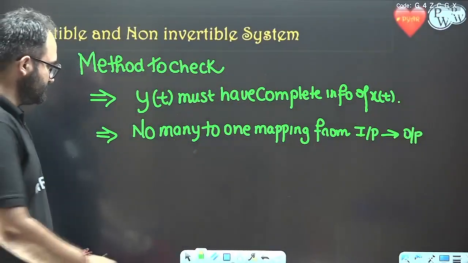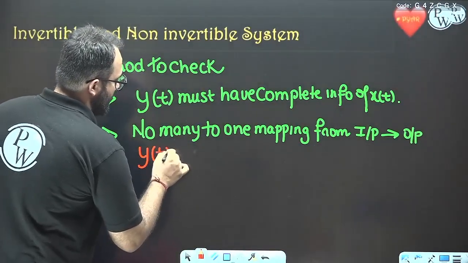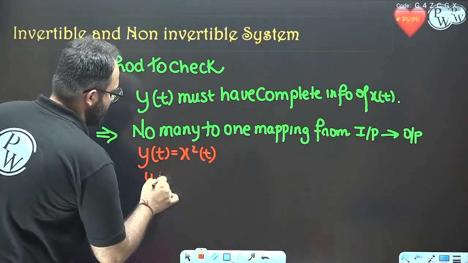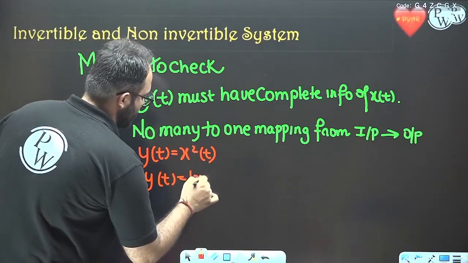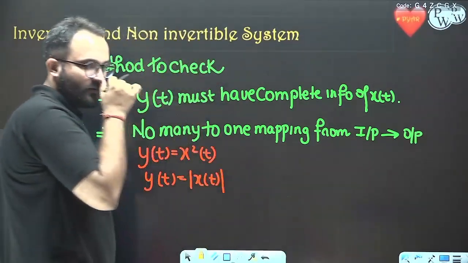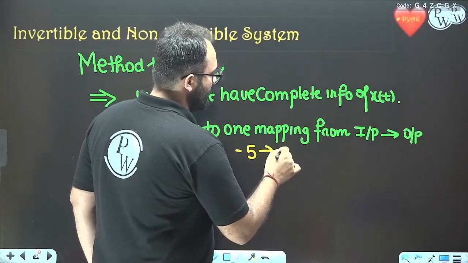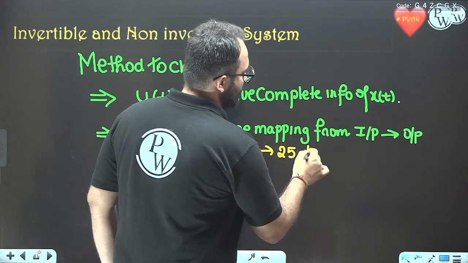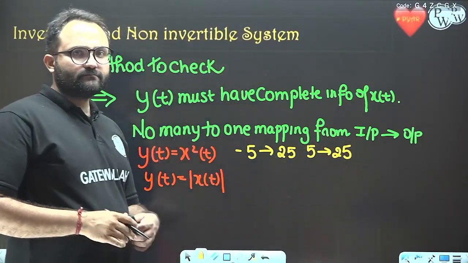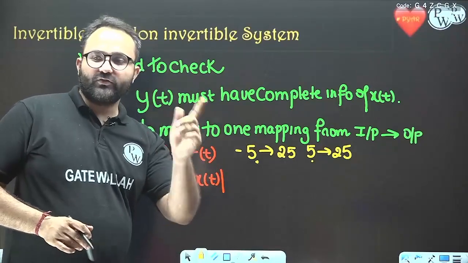For example, y(t) is equal to x squared of t, or y(t) is equal to mod of x(t). Why are these non-invertible? Because if the input is -5, the output will be 25, and if the input is 5, the output is also 25.